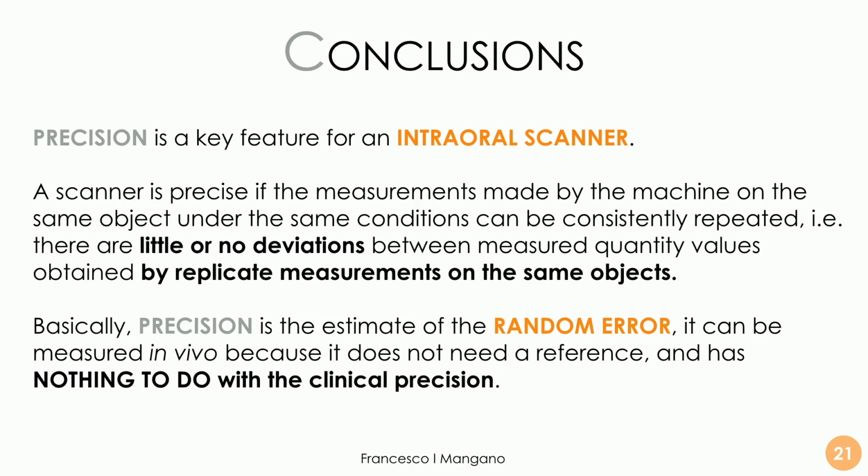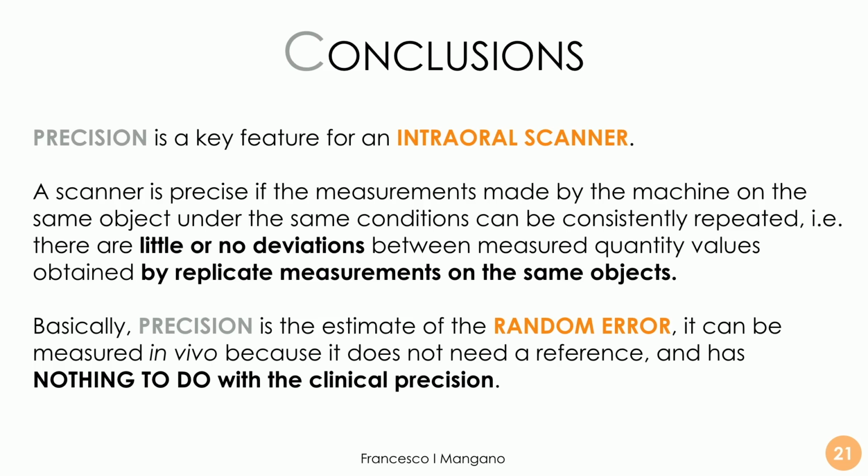So a scanner is precise if the measurement made by the machine on the same object under the same condition can be consistently repeated. So there is little or no deviation between measured quantity values obtained by replicate measurements on the same object. Once again, precision for an intraoral scanner has a mathematical meaning, and has nothing to do with the clinical precision that refers to the full workflow.